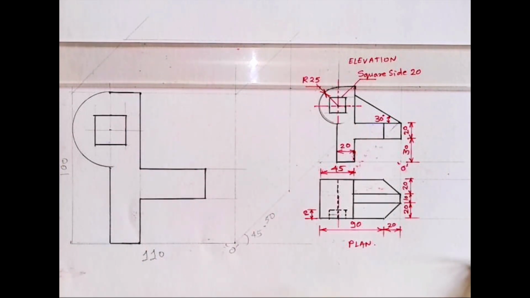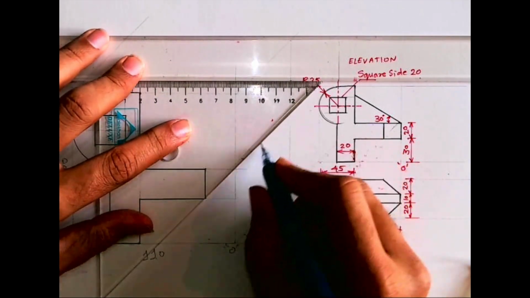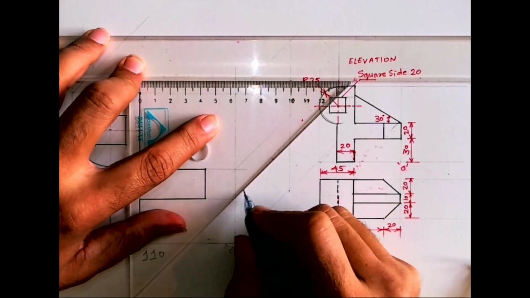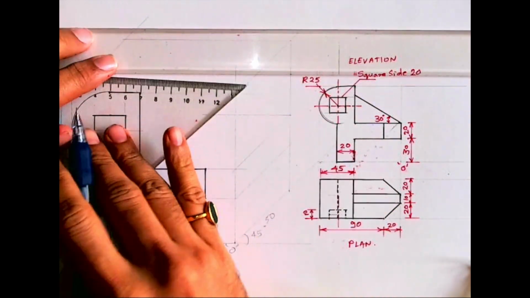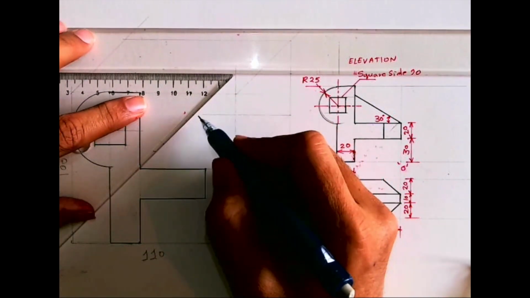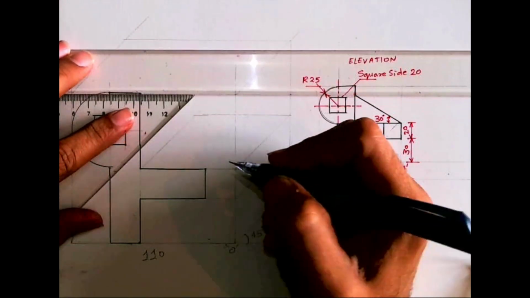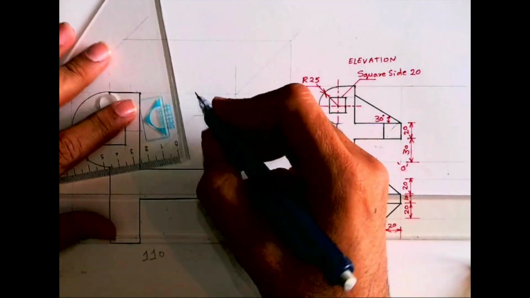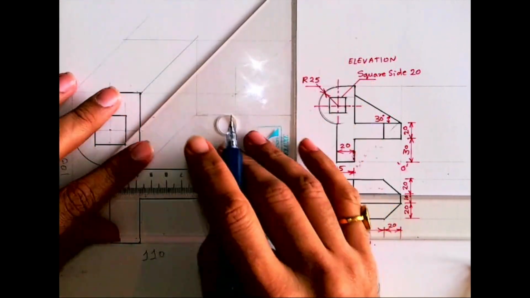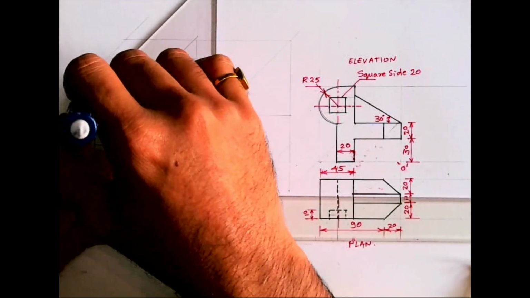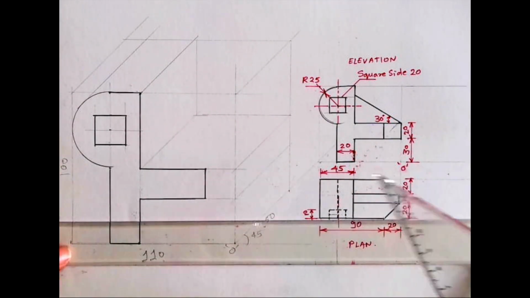So this part is done. Now we'll take this behind this point, and we'll draw a horizontal line. So whatever is there in the front, the same thing is behind. With that concept, we can draw this part 1. This part is done.